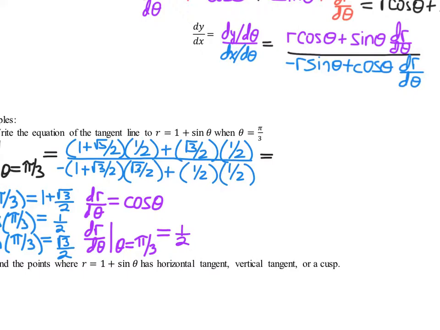That would give me 4 plus radical 3 plus another radical 3 over, then we'd have, well, the next one's not quite as nice, negative 4, then minus 3 plus 1.